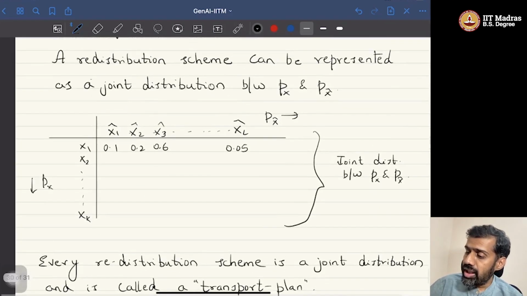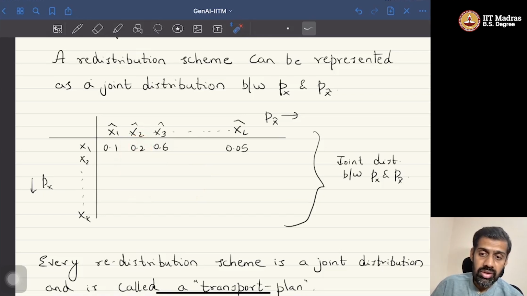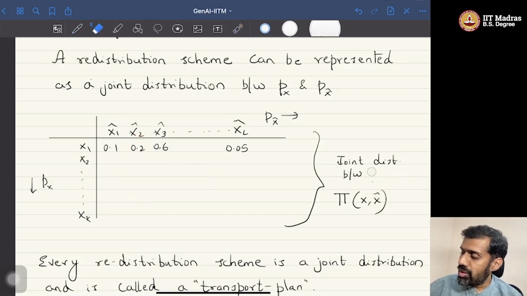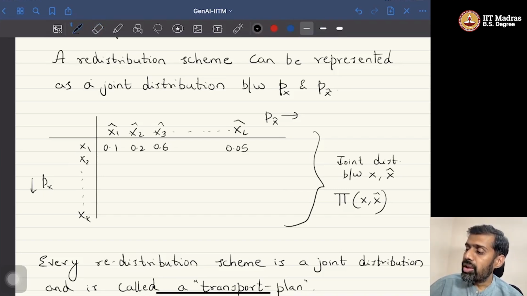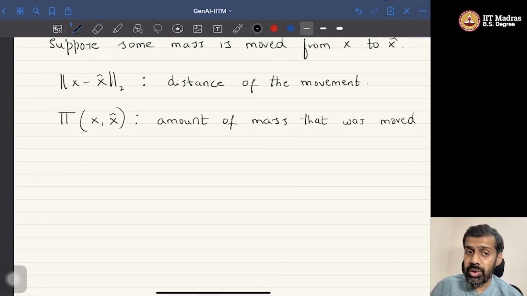Look at this: every entry here is pi of some x comma x cap. This tells you the amount of mass that was moved. So pi of x and x cap represents the joint distribution between these two random variables, and pi of x comma x cap will tell you the amount of mass that was moved from x to x cap.